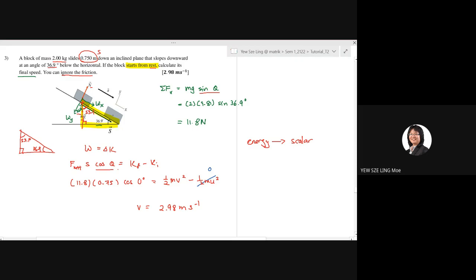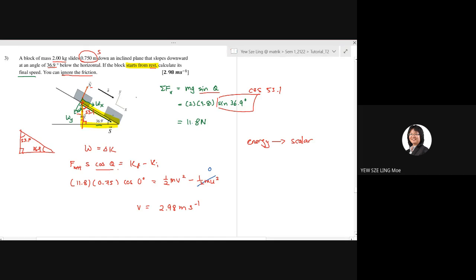If you want to use this 53.1, that is fine, but then you have to change this part into cos 53.1. Usually we just take 36.9.